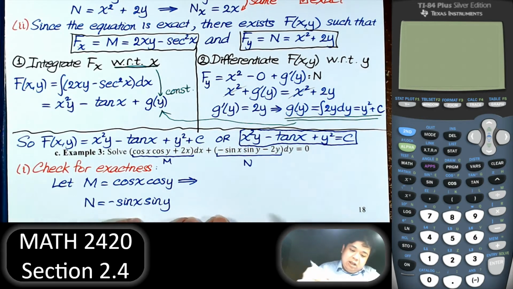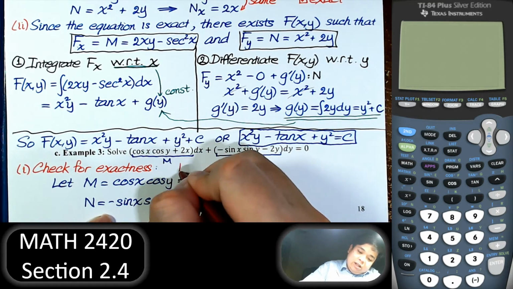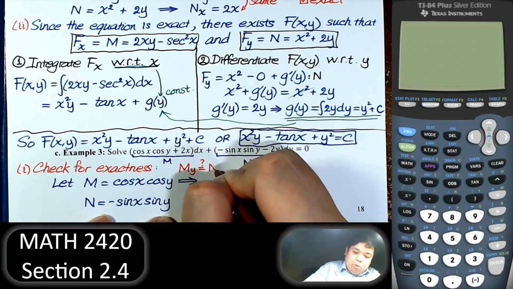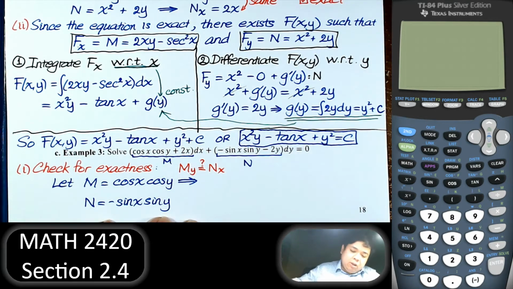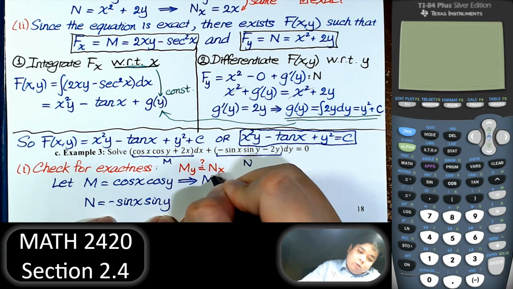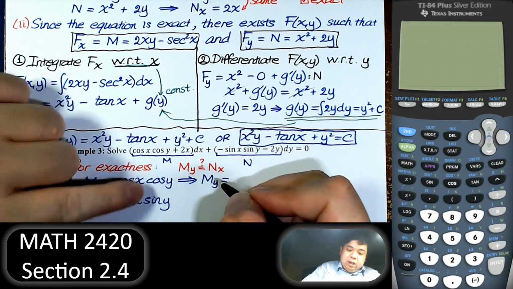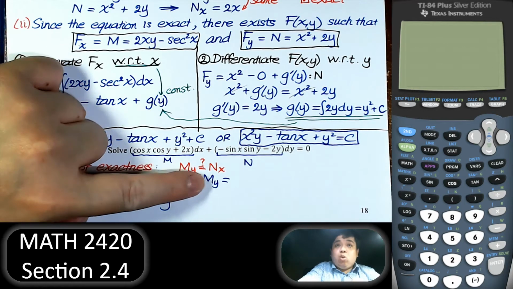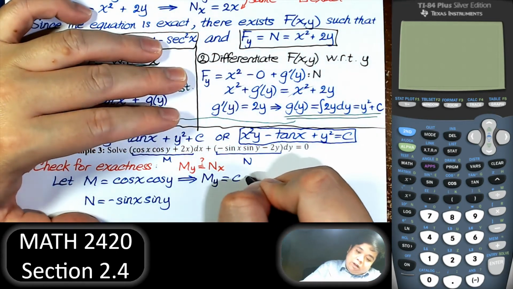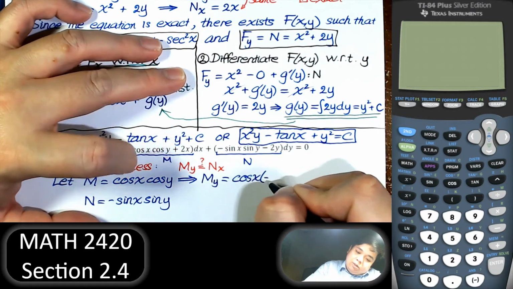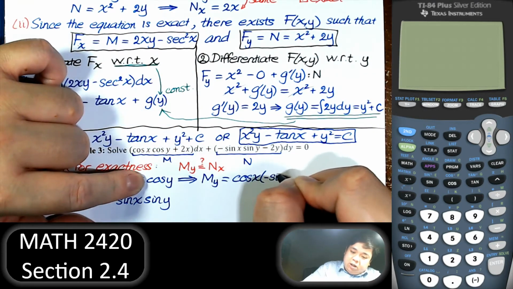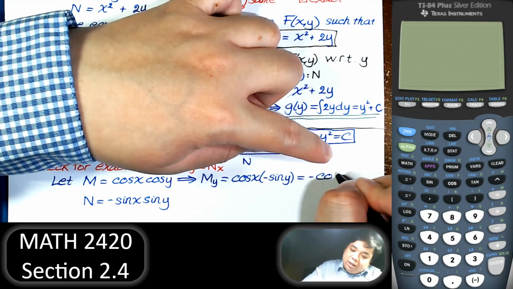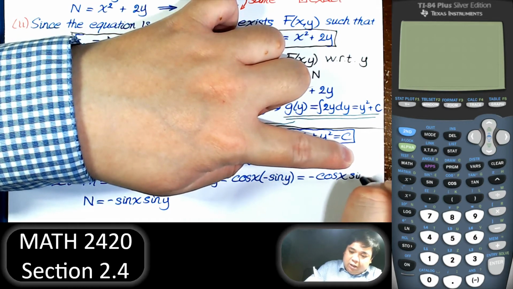Check for exactness is we will check partial derivative of m with respect to y, is that equal to the partial derivative of n with respect to x. So derivative of m with respect to y, derivative of cosine is negative sine, cosine of x with respect to y is a constant. So I have cosine of x times derivative of cosine of y is negative sine y. So that gives us negative cosine of x sine y.